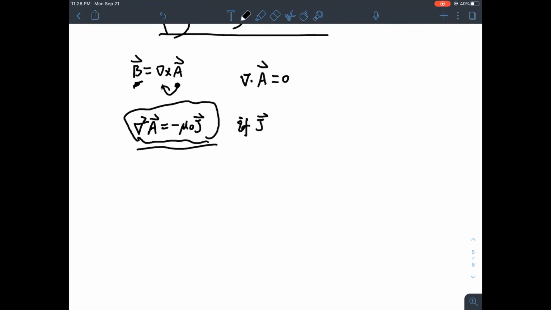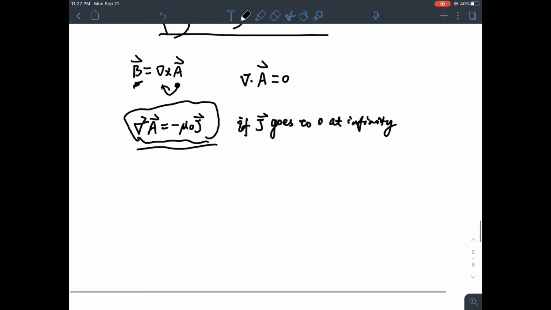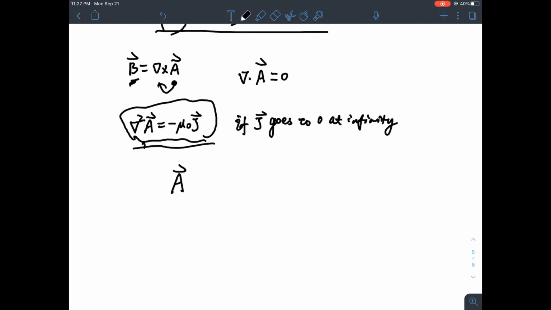If J goes to 0 at infinity, in other words, the currents we have for the problem we want to solve are also contained in some volume, then this is just a Poisson equation, very similar to the equation we have for the electric potential. So we can directly write down the solution.